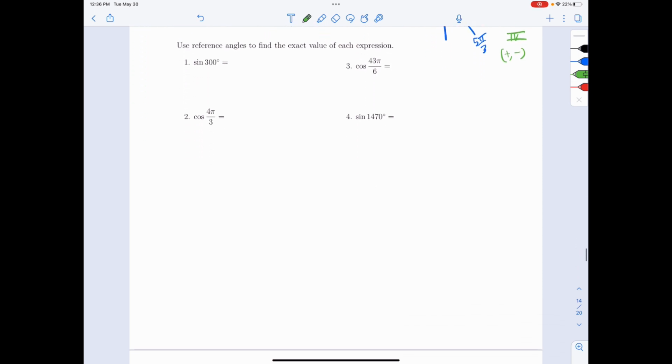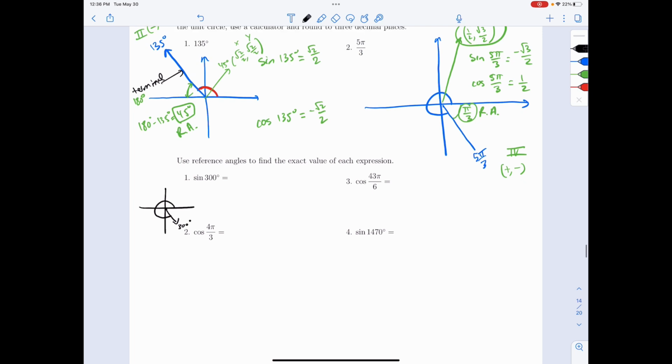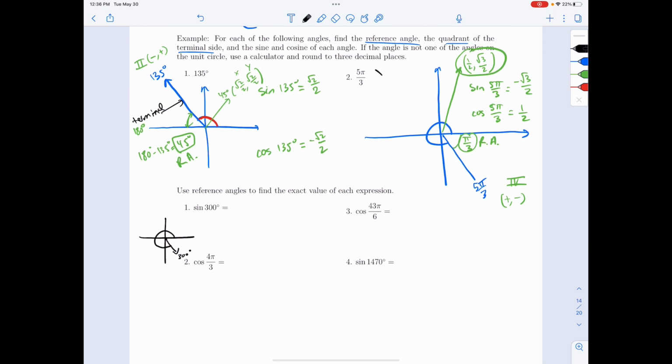All right, and then moving down to these other set of examples, it says, use reference angles to find the exact value of each expression. So sine of 300 degrees is down here. And this one is much the same as this. 300 degrees is the same as 5 pi over 3.